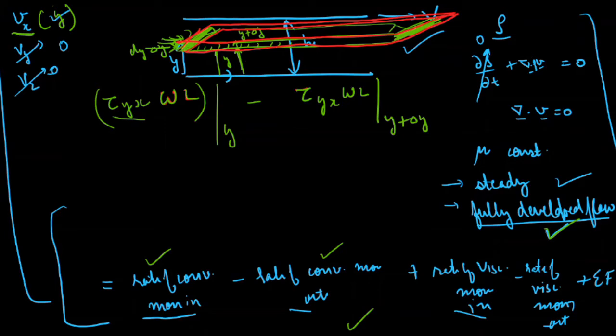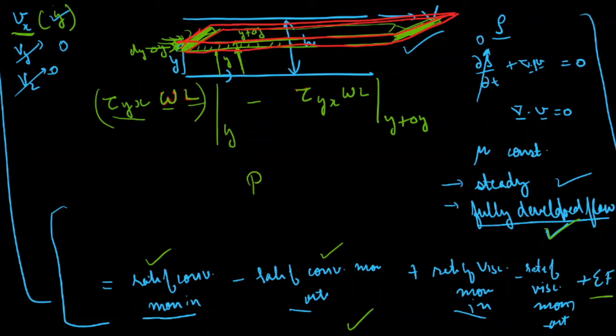We don't know if tau yx is changing with y or not, but for the time being we will assume that tau yx is changing, because we know that w and l are not changing with y. And then we need to take into account the forces. The forces that we generally take into account include the pressure force.